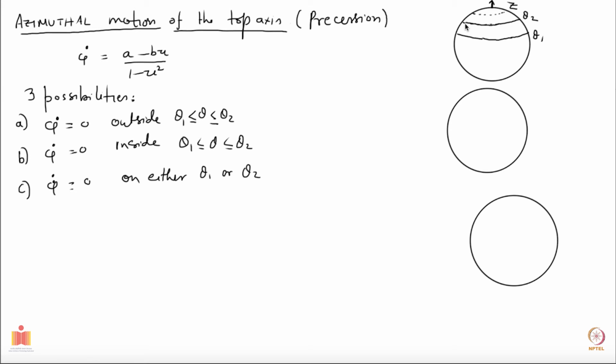So the possibility 1 is that, let's start from here. Phi is increasing. This is the place where the axis is piercing this imaginary sphere. Here the axis is crossing, and then the value keeps increasing.